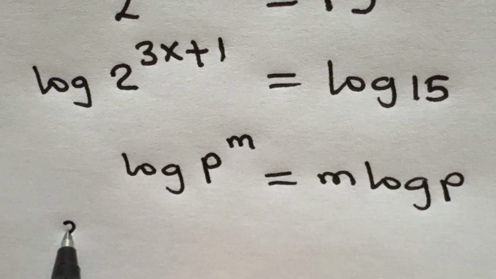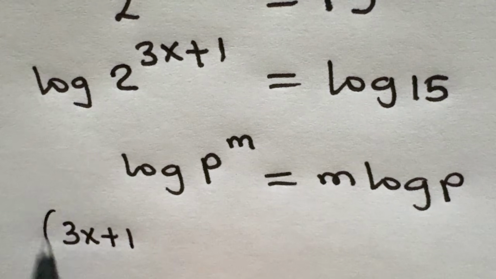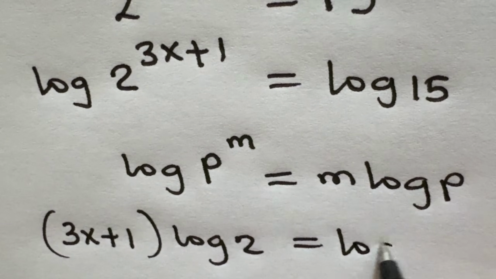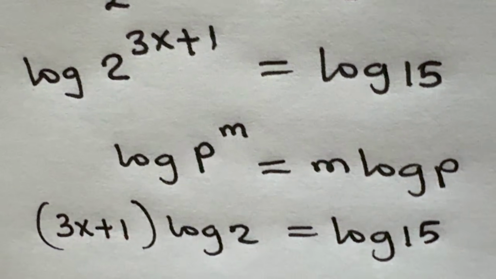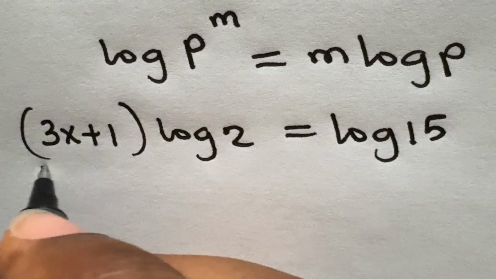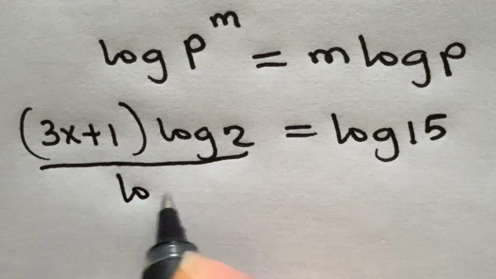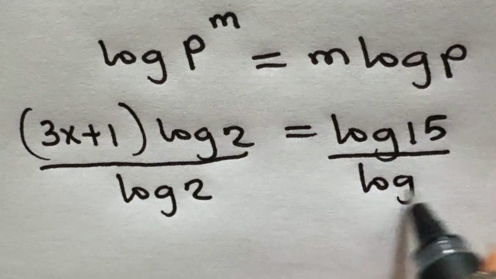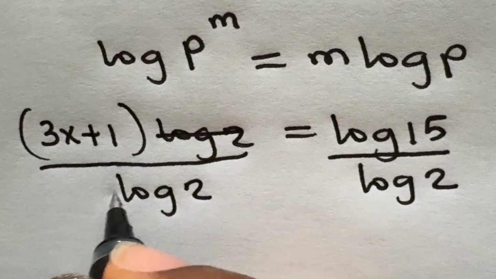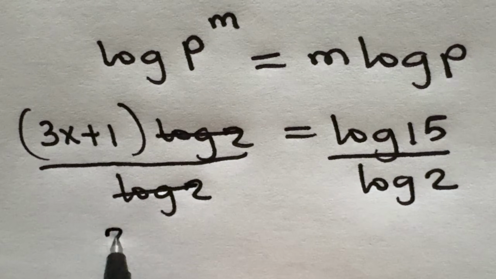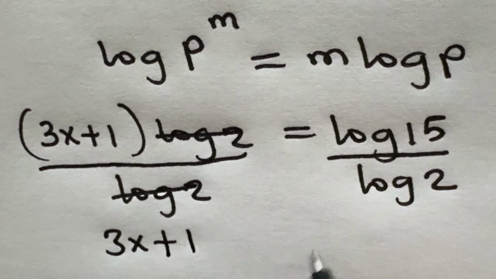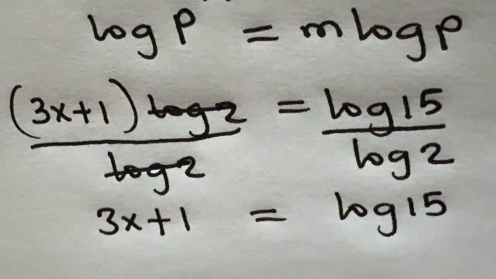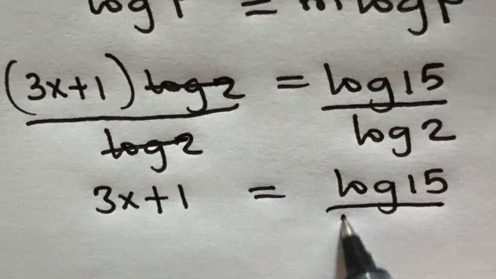Therefore, we have 3x plus 1 times log 2 is equal to log 15. I'll divide both sides by log 2. So that log 2 cancels log 2 here, and we are left with 3x plus 1 is equal to log 15 divided by log 2.